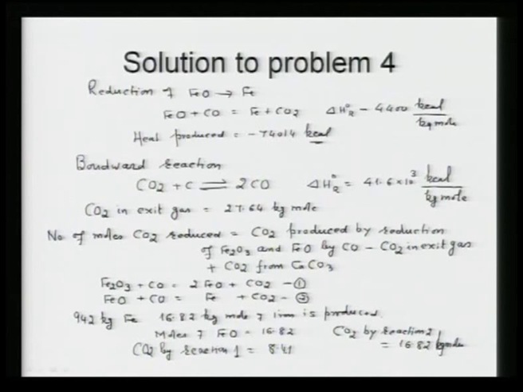So, now we are in a position to find out the moles of CO2 reduced by Woodward reaction. Straight away we need to substitute the values: 16.82 plus 8.41 plus 5.818.